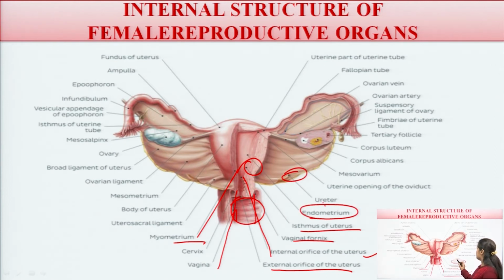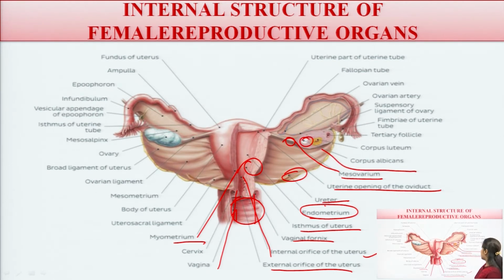This here is the ureter, the uterine opening of the oviduct. This is the mesovarium. This is the corpus albicans, and the corpus luteum.